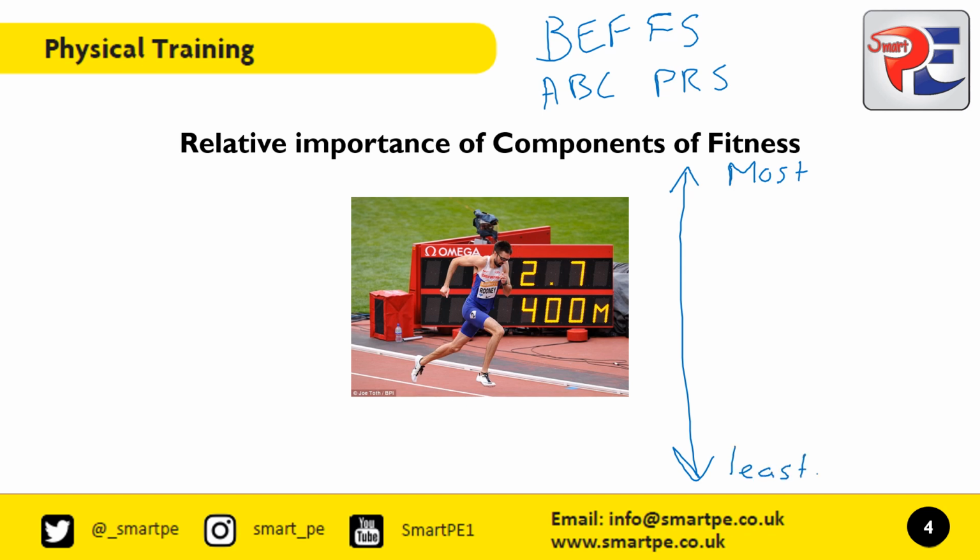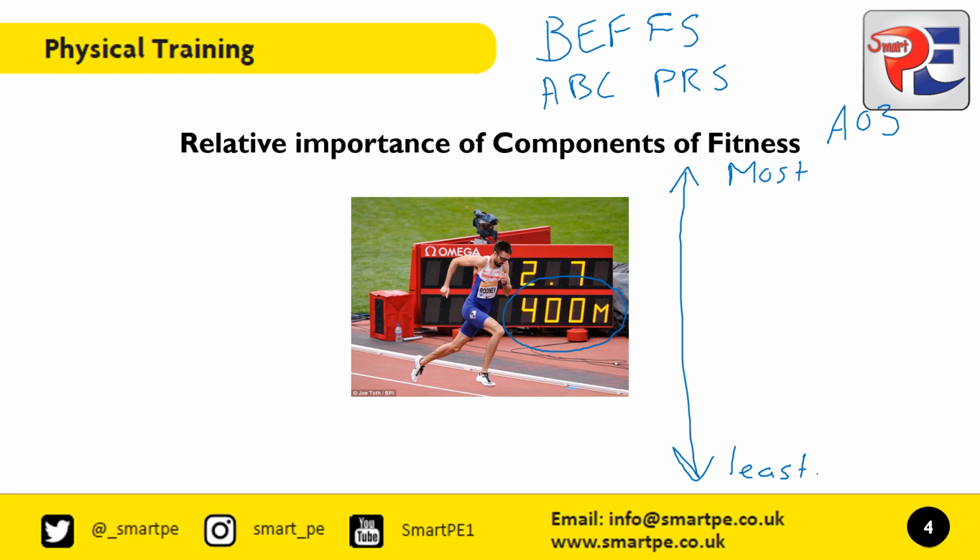For this particular example, you'd have to identify first of all what event's going on. There's a bit of a clue in the picture. The fact that it says 400 meters narrows it down to a running event, so you know that it's a 400 meter runner. Because it is relative importance, it is going to be an AO3, Assessment Objective 3 comment, which is you analysing or evaluating. You've got to make a judgment.